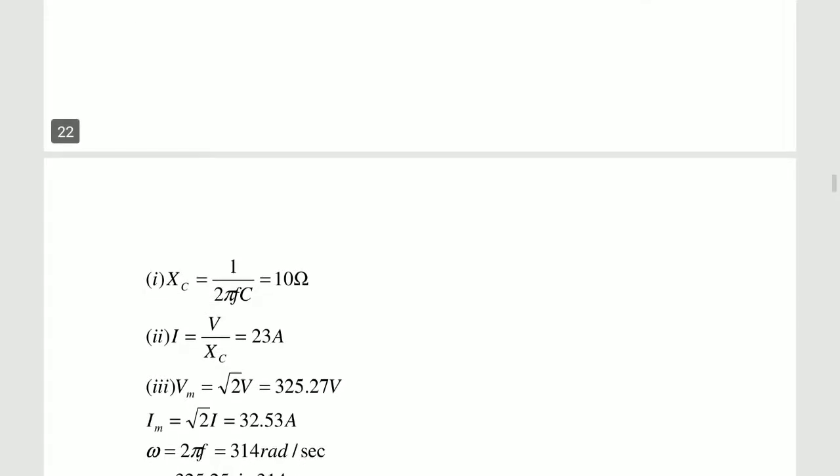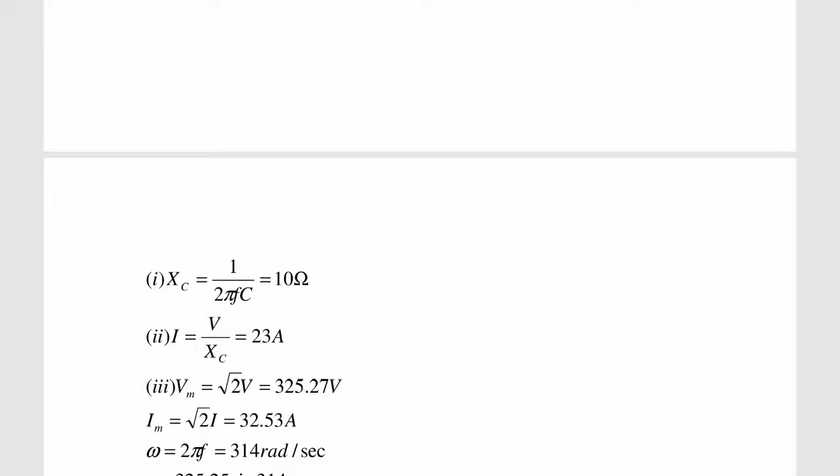The maximum voltage Vm is equal to root 2 into Vrms. In a similar way, Im is equal to root 2 into Irms.